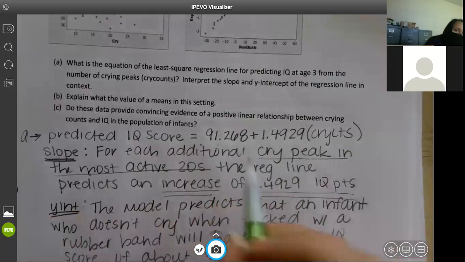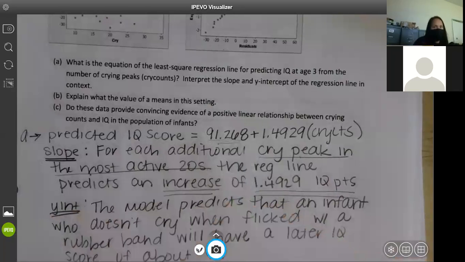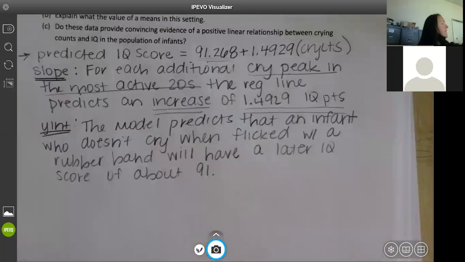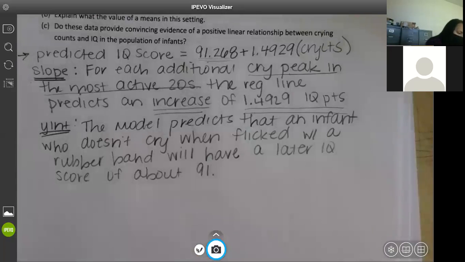That's this number right here. And again, a later IQ score is the context of the problem. All right.